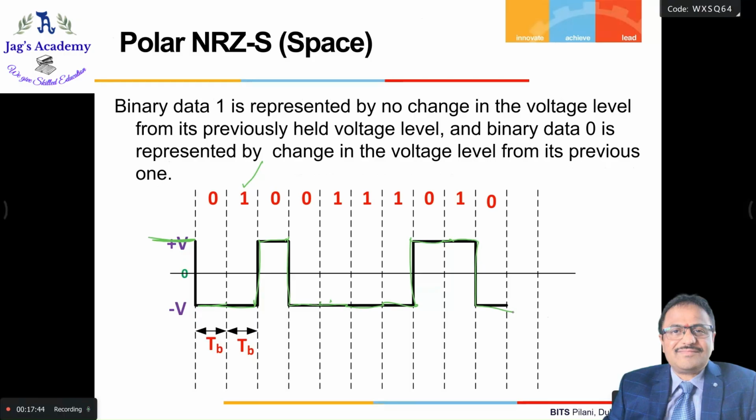Next, polar NRZ mark, where there is a change in the level whenever there is a 1. Polar NRZ space, where there is a change in the level whenever you get 0. There is no change in the level whenever you come across 1. Understood this? Okay.